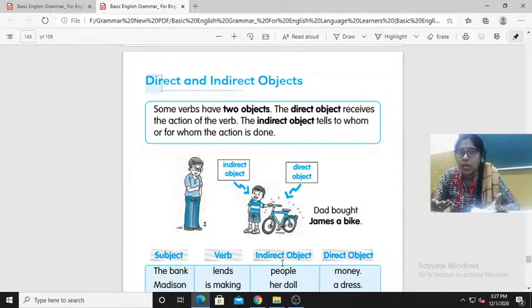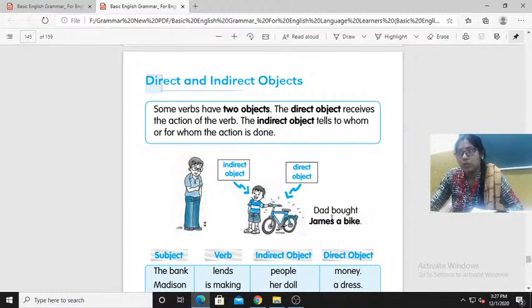So, gives what? What did she give? A pen. So a pen will be the direct object. And to whom did she give it? Okay, to whom or for whom is this action done? Of course, me. So me is the indirect object. Is it clear to you? Now I am showing you many more examples on this screen.